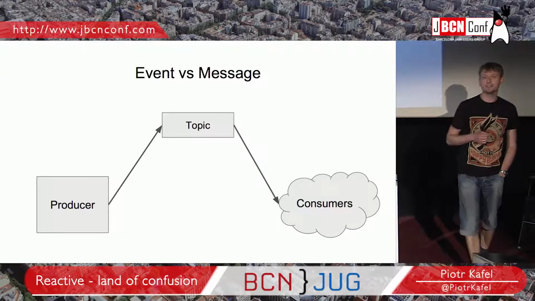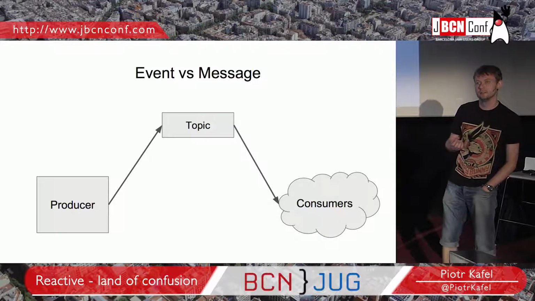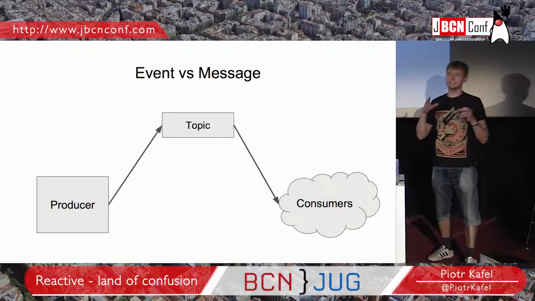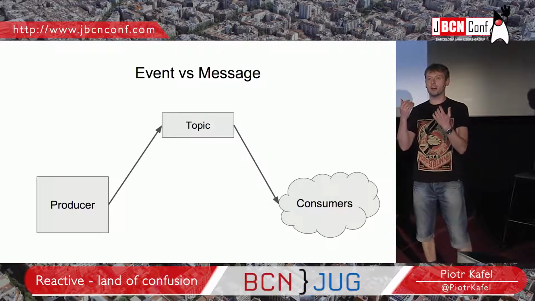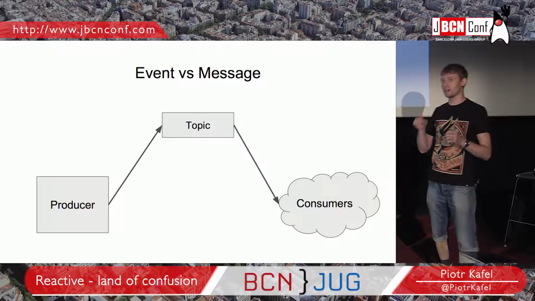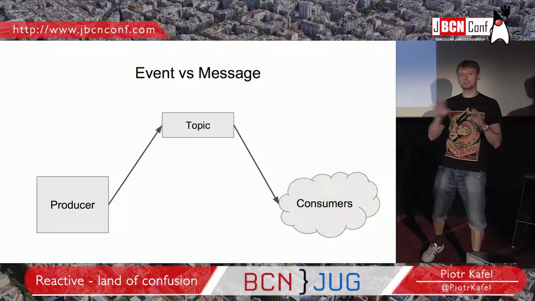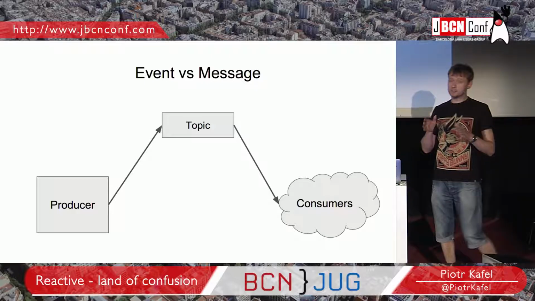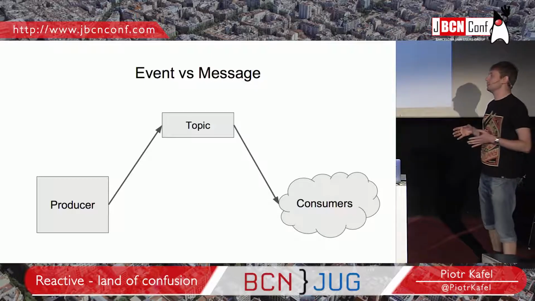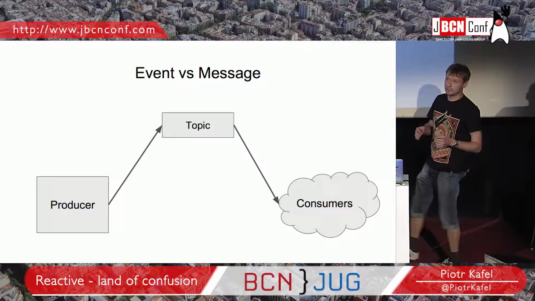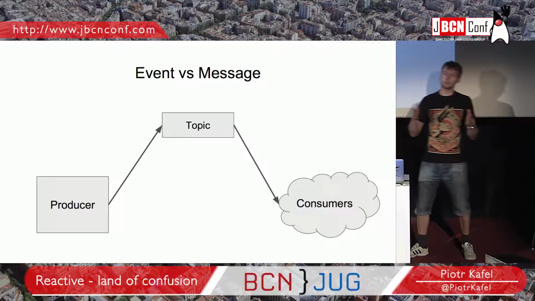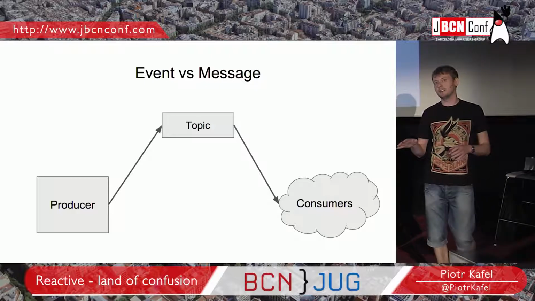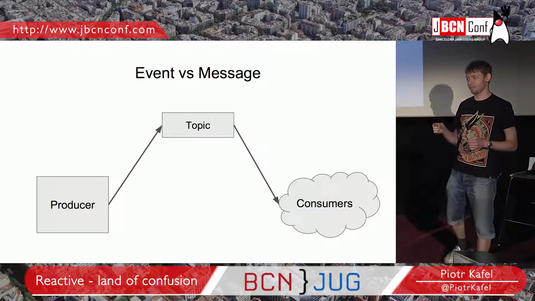Whenever you have an event and your component wants to inform other components that something happened, you are just firing up the event, and whoever is interested in that event will probably subscribe to some kind of queue or whatever you are using. And this is perfectly fine. The only problem is, you as a producer of the event, well, that's not a problem because you are actually doing really good decoupling. But as a producer, you have no idea who is consuming your messages.